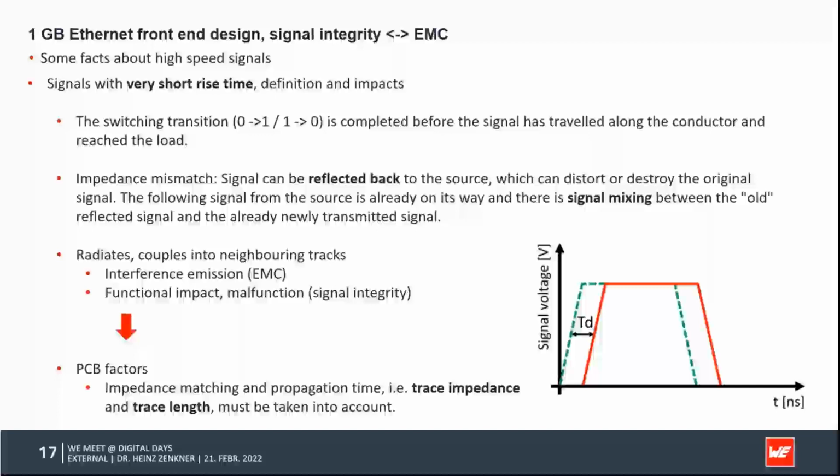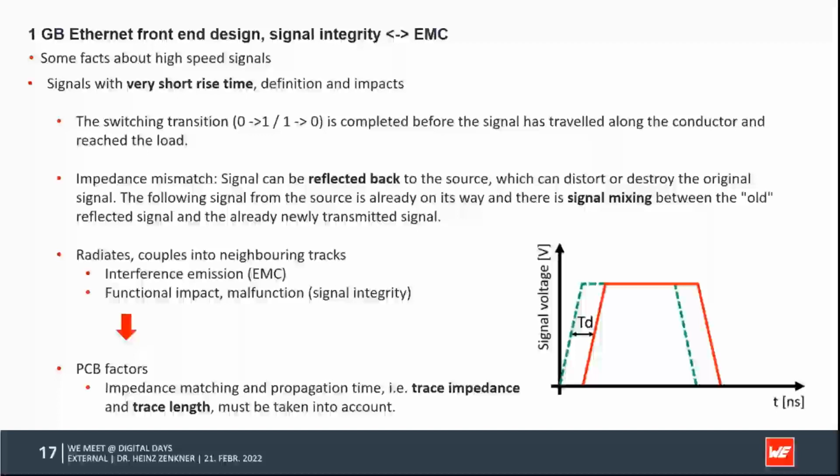So like mentioned here, the signal is reflected back to the source, and then it will mix up with the other signal, which is still on the way. So the old signal and the new signal may be mixed up, and this for sure you can imagine causes, in the best case, only some transmission problems. In the worst case, it doesn't work at all.